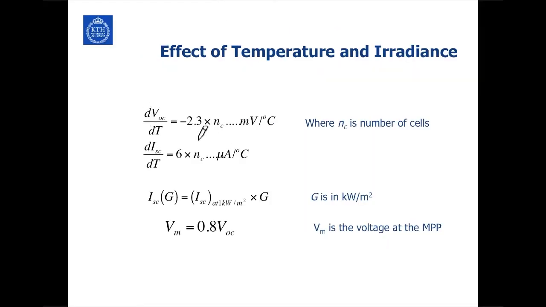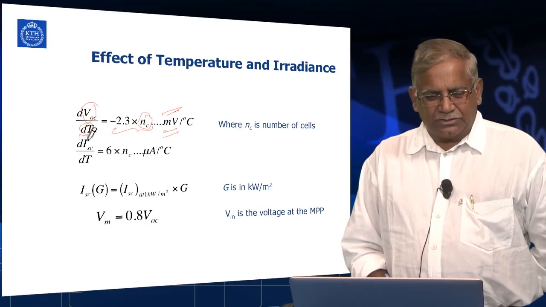This is the change of the open circuit voltage with temperature, and that is given by this formula here, which is minus 2.3 times n sub c, where n sub c is the number of cells, and of course this is in millivolts. So let's say we have 100 cells in the module, then you have 2.3 times 100, that's about 230 millivolts per degree C. And the current, of course, is a much smaller change.